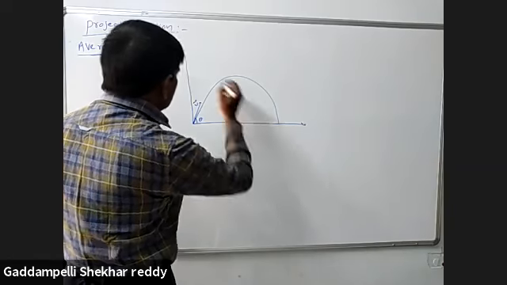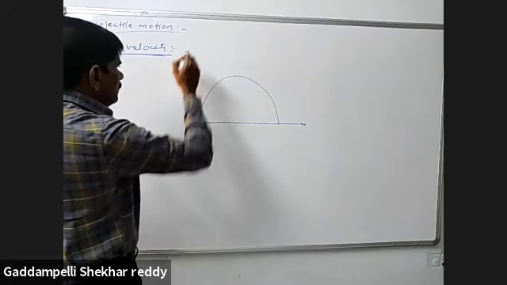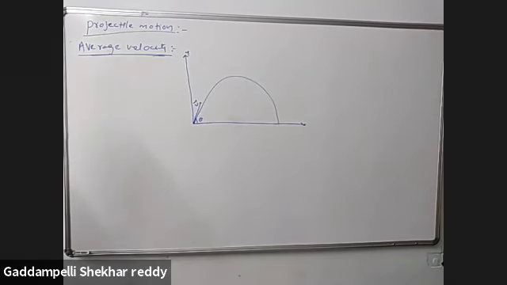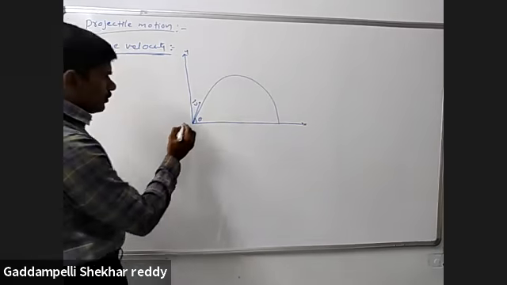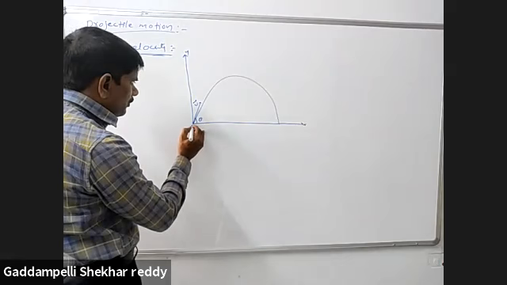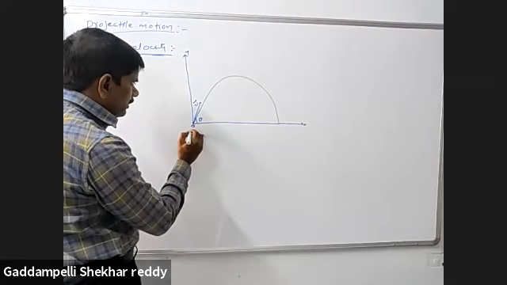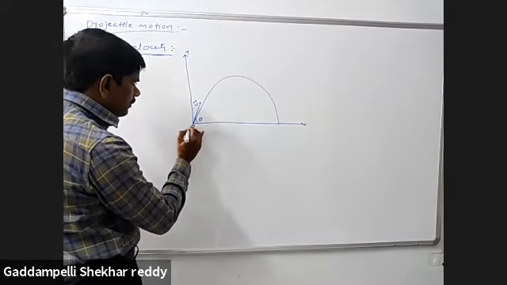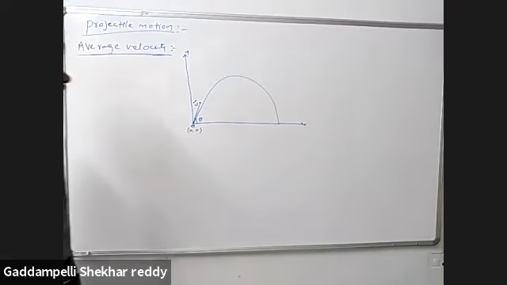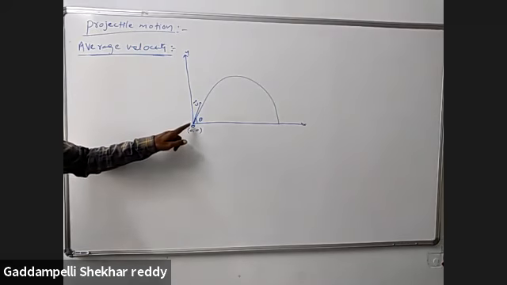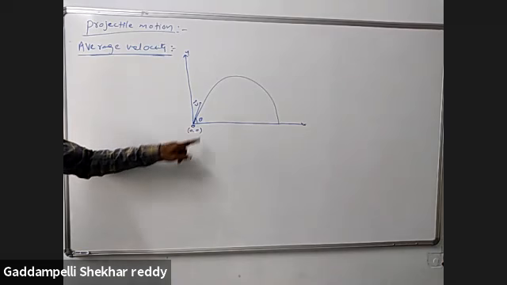This is the x direction, this is the y direction. This is the origin, taken as the point of projection, where the x coordinate is 0 and the y coordinate is 0.